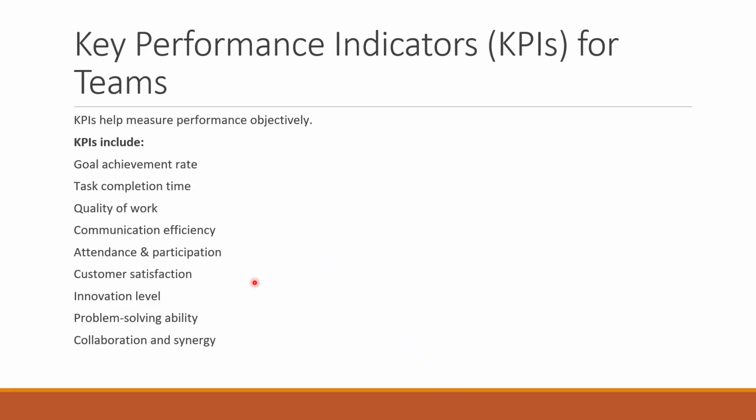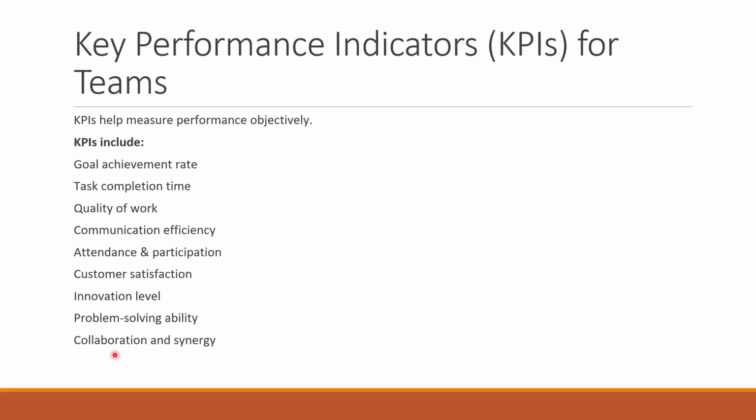Then is customer satisfaction, which is applicable mainly for service-based teams. They look at the level of satisfaction of the customers, on the basis of which the team's performance is evaluated. Then the innovation level or problem solving is also included here, right? It is about the team coming up with new ideas and how well they are solving their problems.